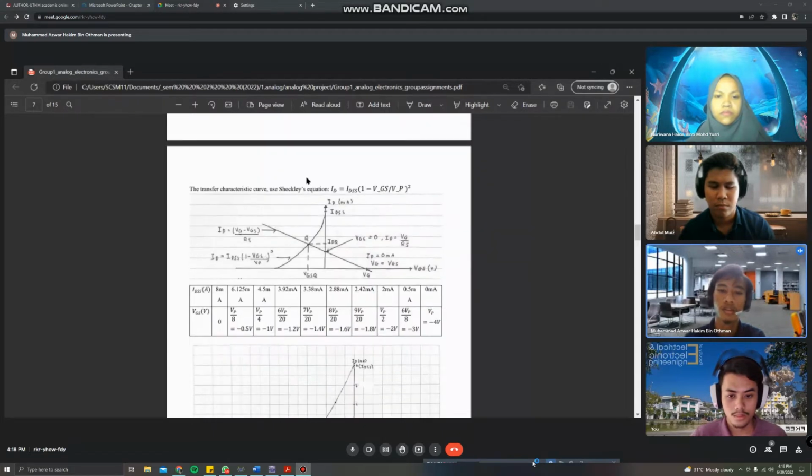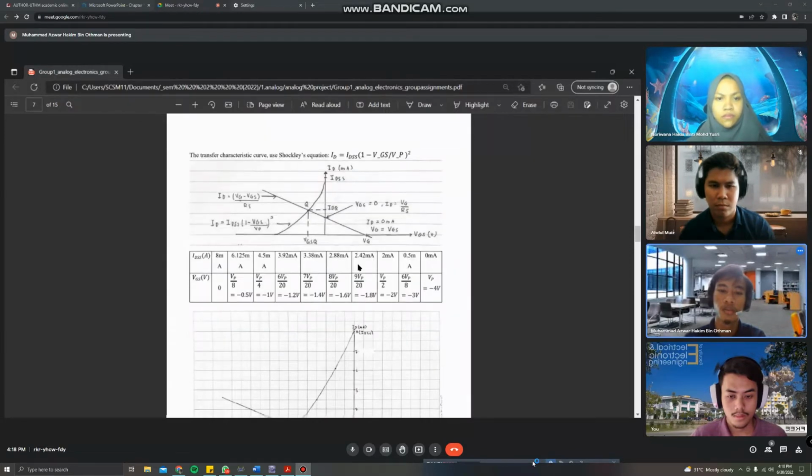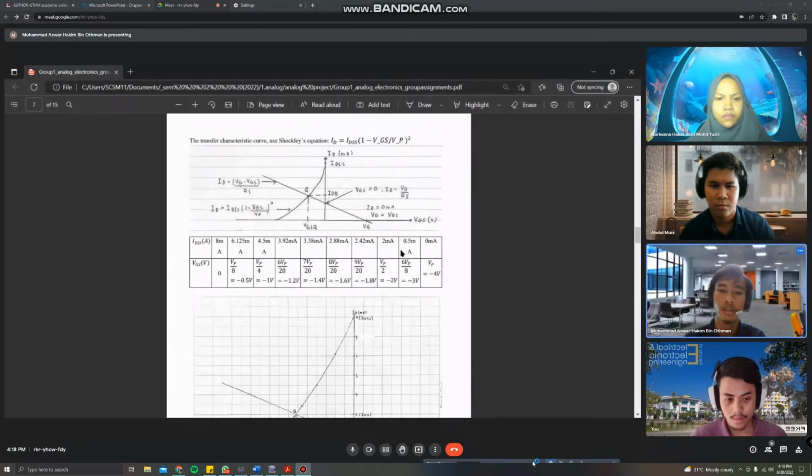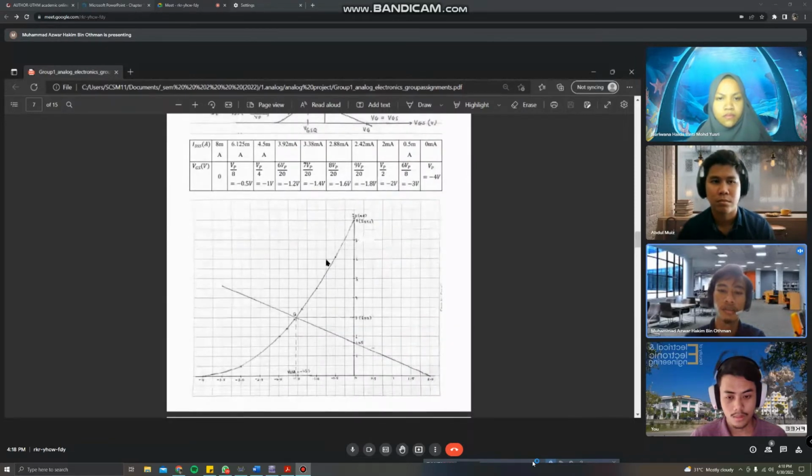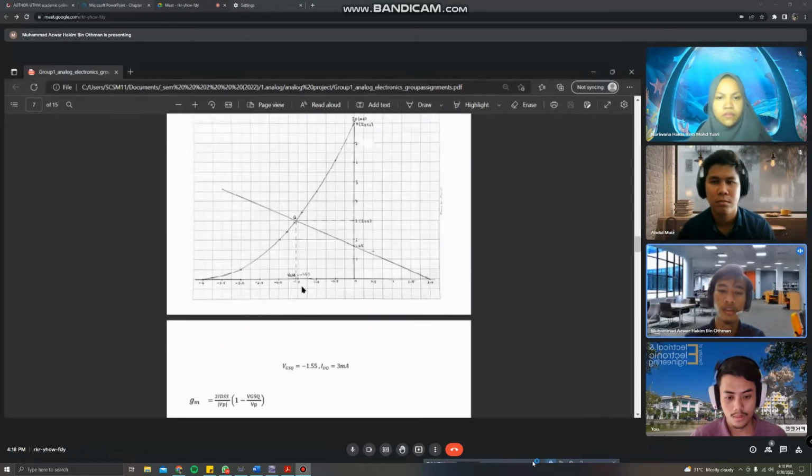This is the sketch to find the Q point, and this is the table of reference points to find the Q point. After we sketch the graph, we get VGS equals negative 1.55 volt and the IDQ value is equal to 3 milliampere.